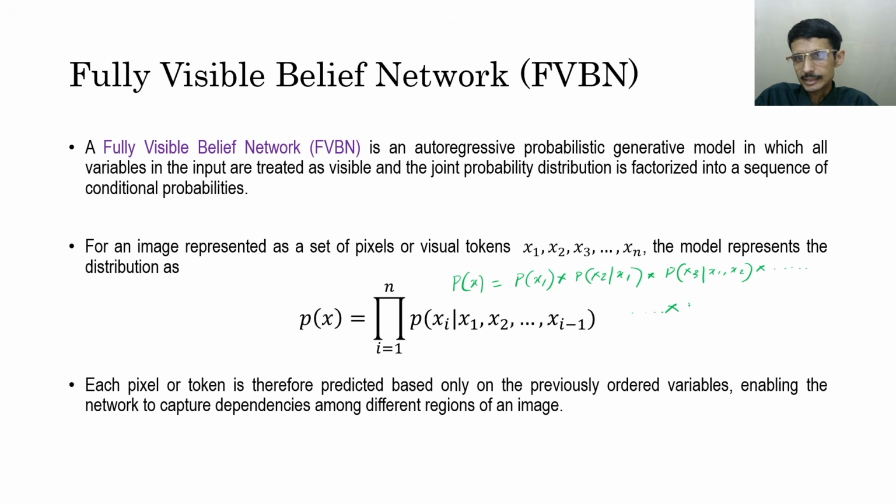Ultimately it comes to p of xn given x1, x2 up to xn minus 1. So these are basically the multiplications. Each pixel or token is therefore predicted based on all the previously ordered values. You see, x2 depends on x1.